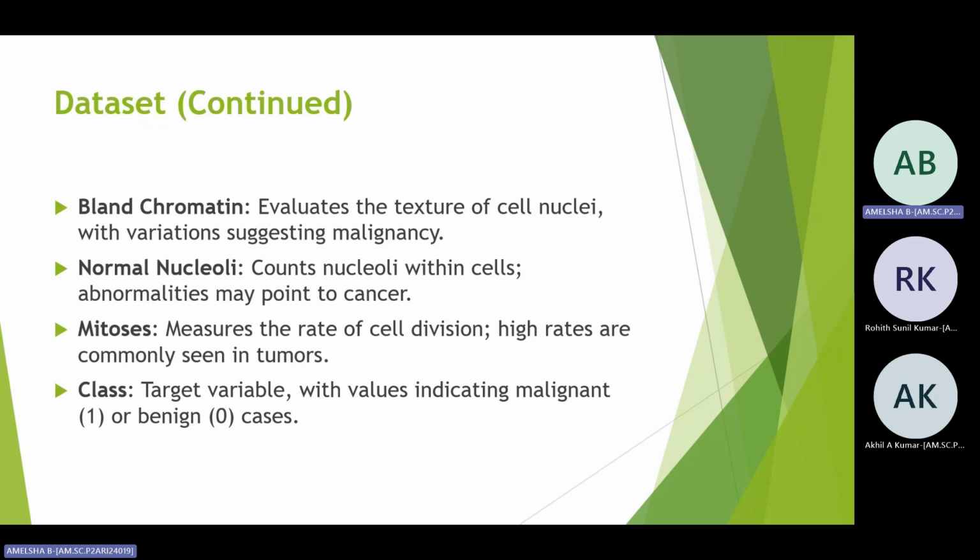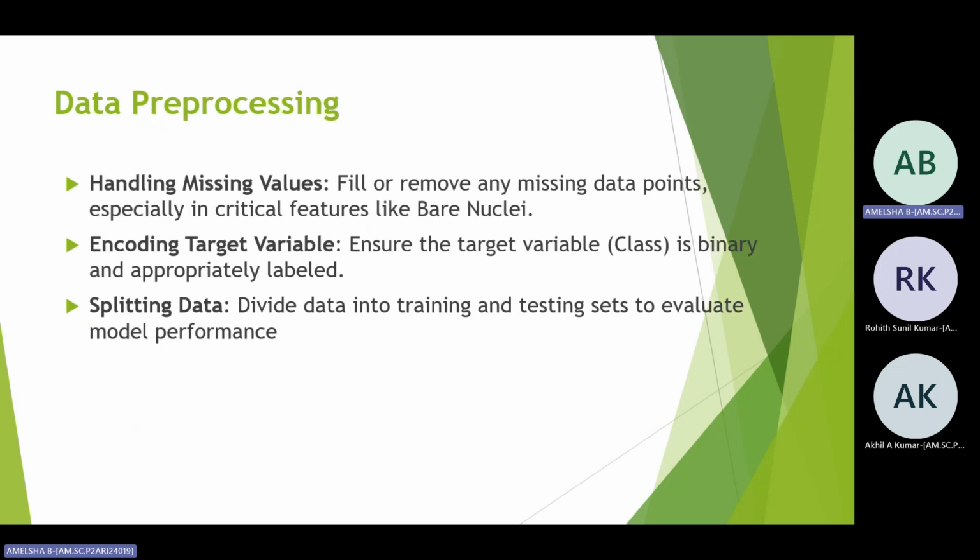Abnormalities may point to cancer. Then the last independent feature is mitosis, which measures the rate of cell division. Higher rates are commonly seen in tumors. Then the last feature is the class, that is the target variable. Here 0 represents the benign cases and 1 indicates the malignant cases.